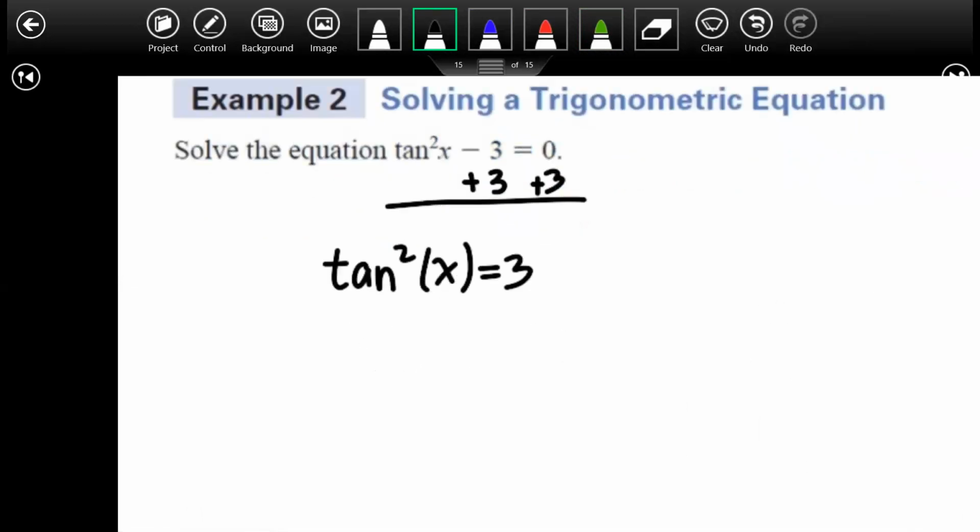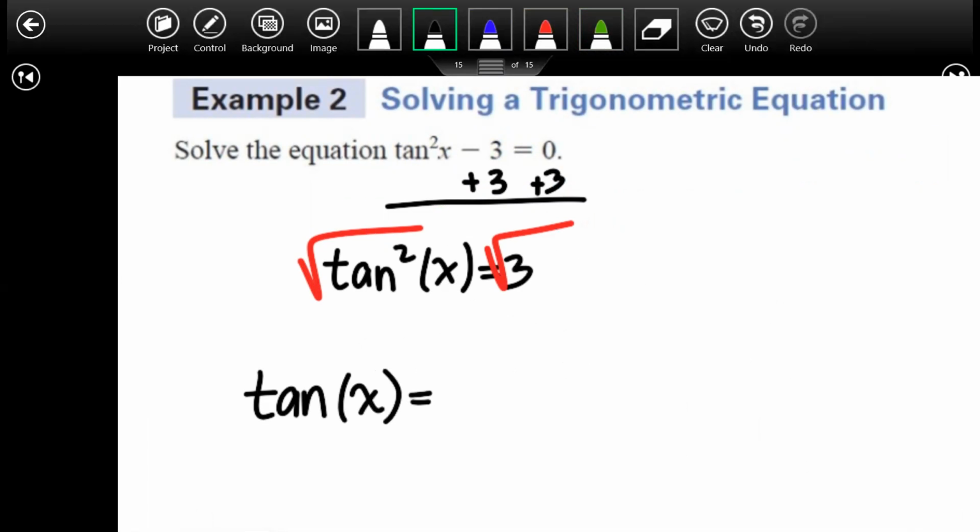How do we get tangent by itself if it's being squared? Square root to both sides. So this is going to give me tangent of x is equal to what? Plus or minus the square root of 3, specifically.